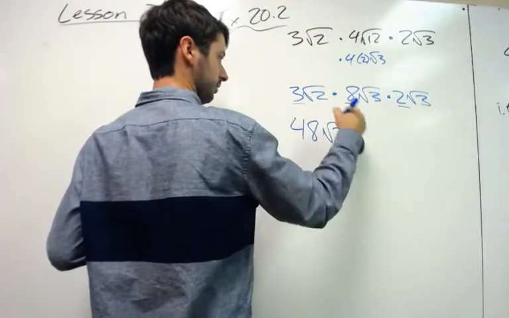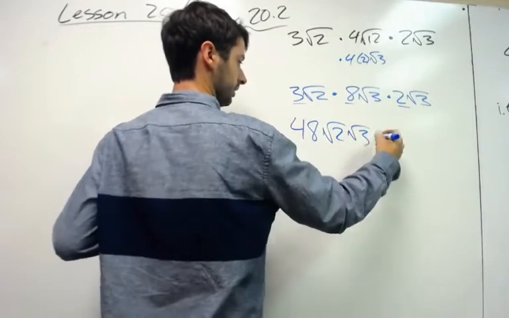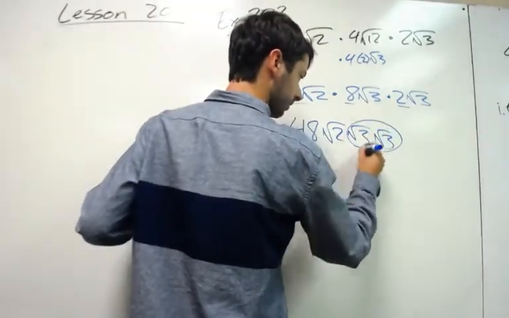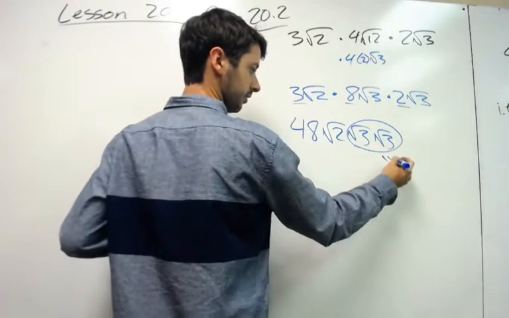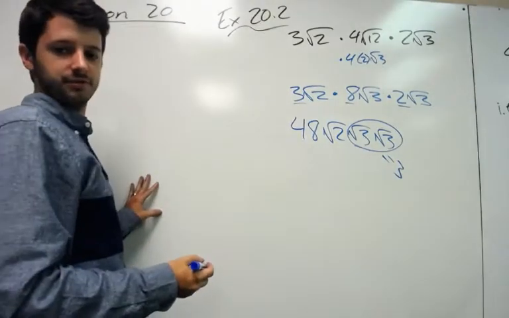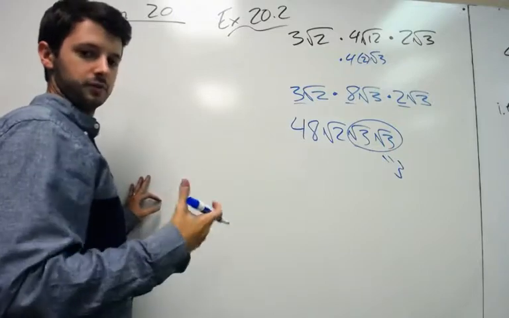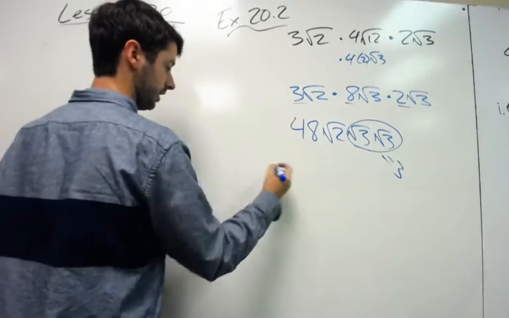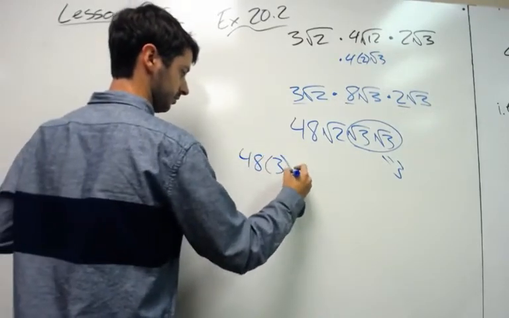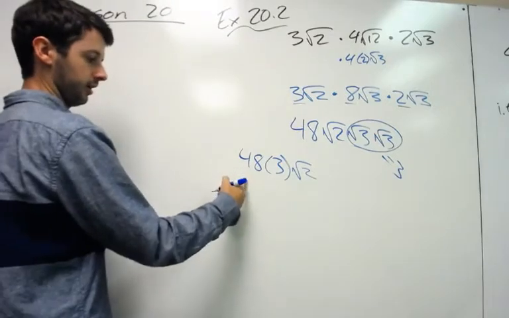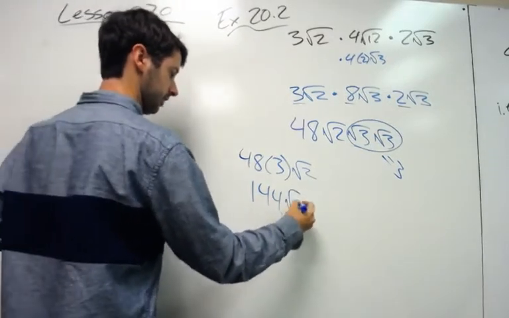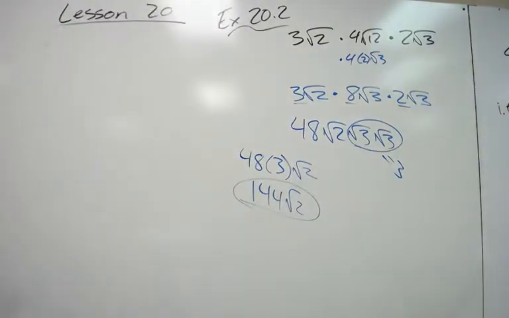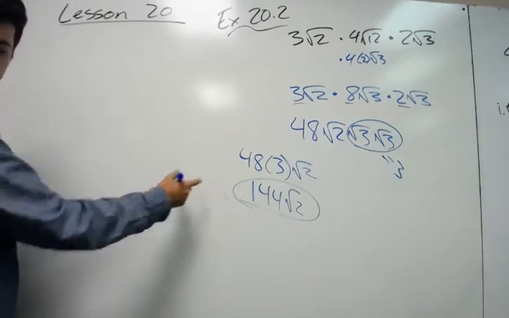Radical 2. Radical 3, bringing that down. Radical 3. Just like we said before, if we have two of the same, we know that that just equals a positive 3. Because radical 3 times radical 3, radical 9, square root of 9 is 3. 3 times 48 would be 144. Then you have your radical, and we leave it that way. We don't put that in our calculator. We want it simplified. So therefore, 144 radical 2 would be our answer.